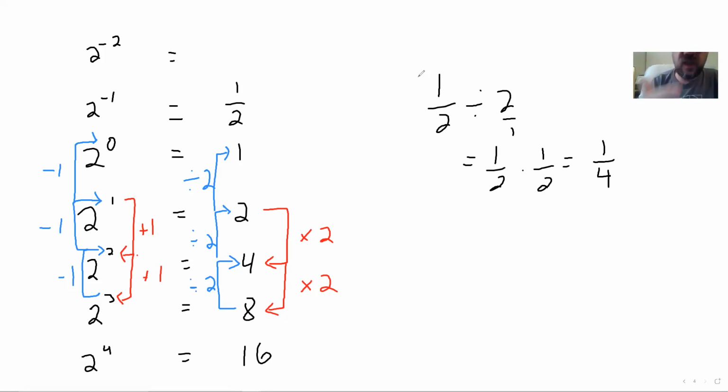The way you want to think about a negative exponent is that it's telling you how many of the base you are dividing by instead of multiplying. That's really what negative exponents mean. And for me, the easiest way to think of that is another power in the denominator. Whenever I'm dividing, I'm thinking of multiplying by a fraction where the number is in the denominator. Not always, but that's a good way to think of it here.